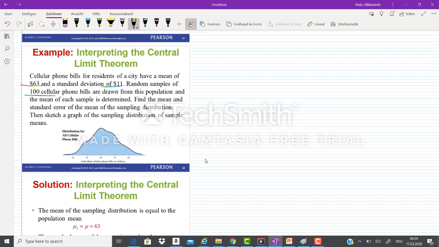So I have the mean, how much is it? The mean is 63, so you write your keyword now, sigma equals 11.